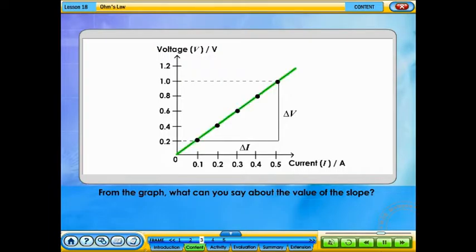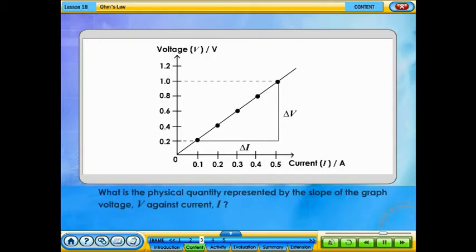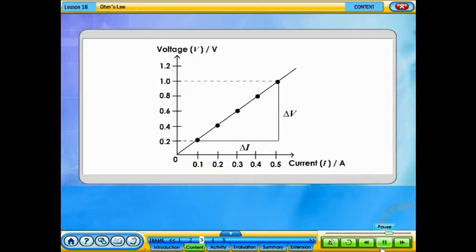From the graph, what can you say about the value of the slope? What is the physical quantity represented by the slope of the graph of voltage V against current I? The slope of the graph equals delta V over delta I equals a constant value.